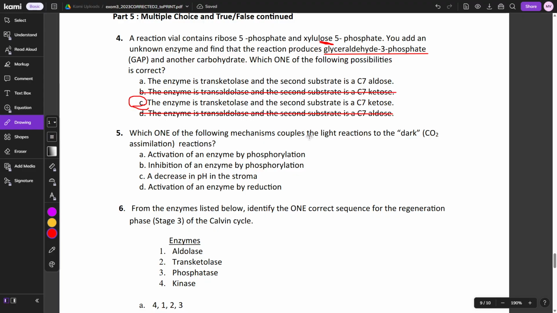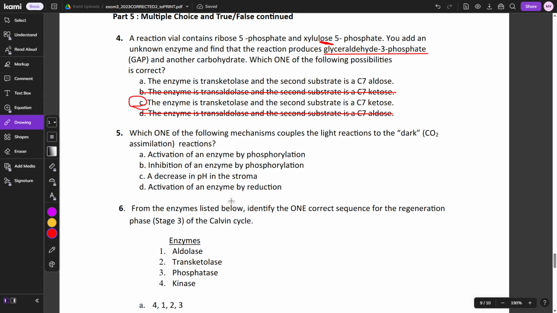So, which one of the following mechanisms couples the light reactions to the dark reactions? Which one, guys? What are we thinking? Okay.